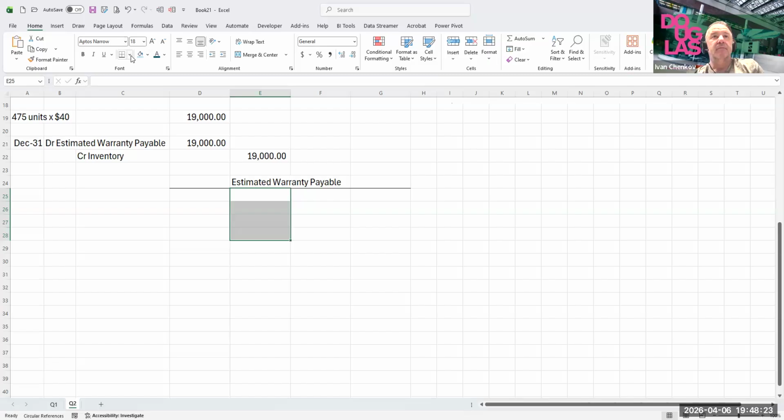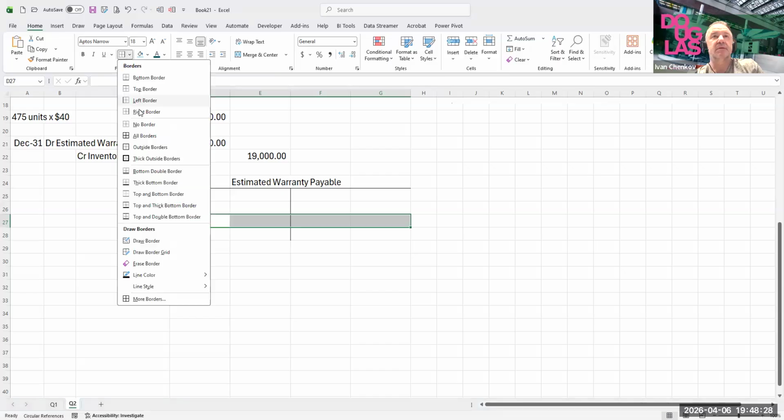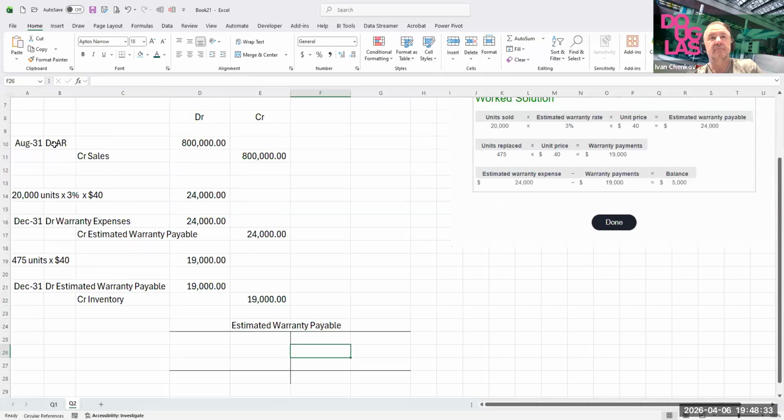What we're going to have on this account is something coming in and going out, and we see what's the balance. In this account, we have a credit on December 31st. First, we have a credit of $24,000. That's my credit. And then I have a debit. In the same account, I have a debit of 19,000.